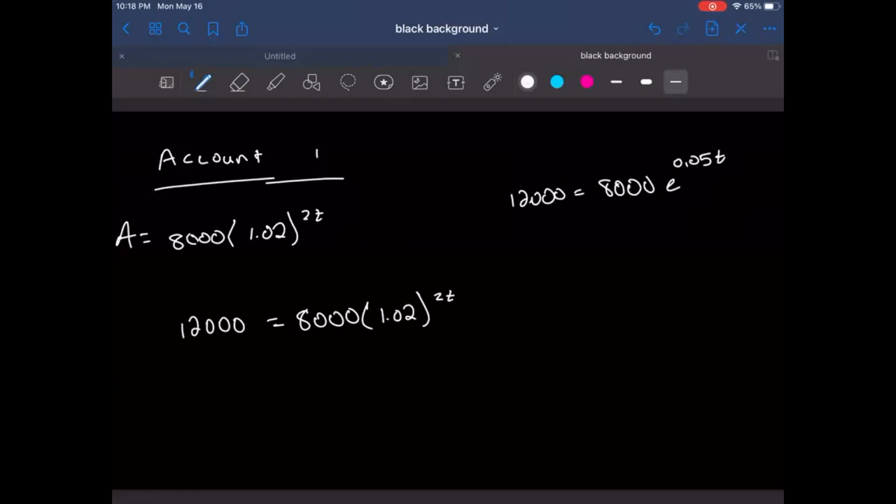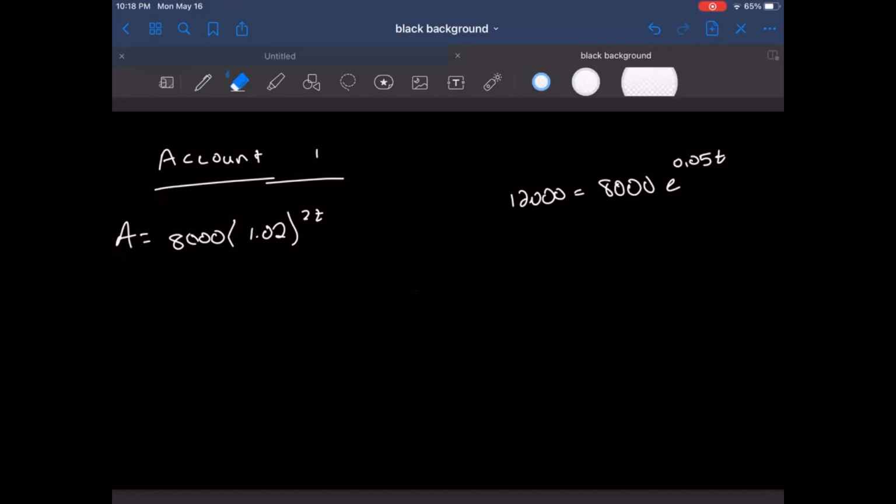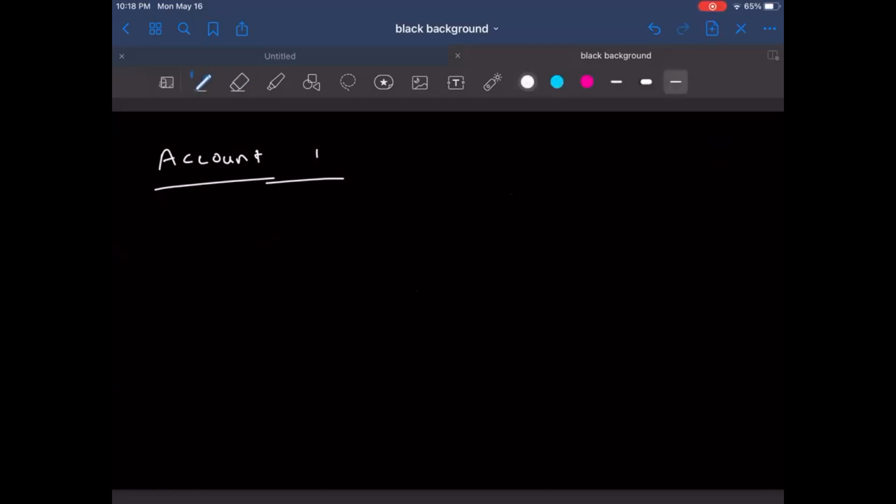Okay. In what year does the second account pass the first, and what amount is it? So this is solving for t, but this is somewhat complicated actually. If you're going to do number 4 here, you need to know what they're asking you in math. It's always about figuring out what these words mean in an equation.